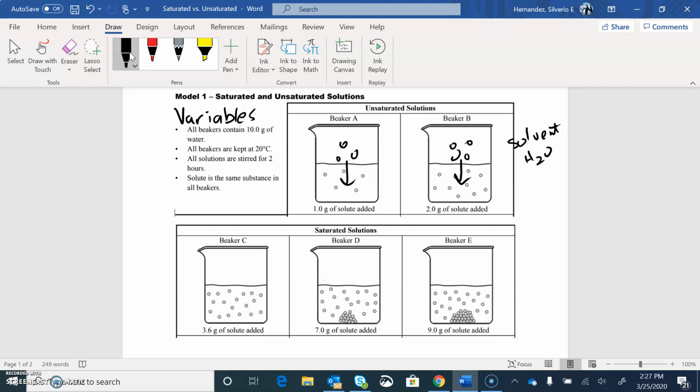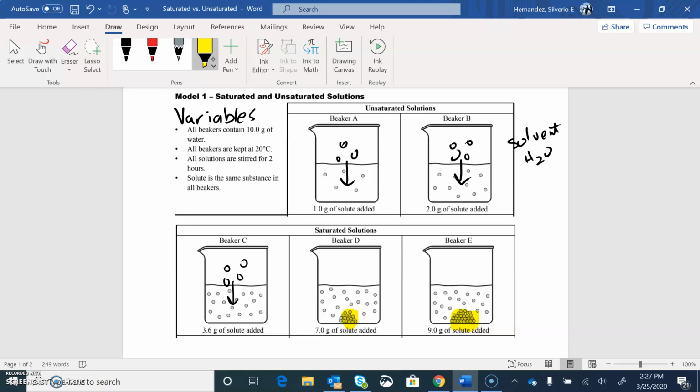If I take a certain amount of the solute and I drop it into the solution that is already saturated, then these particles are going to start to settle out the way we see in D and E, in beakers D and E.